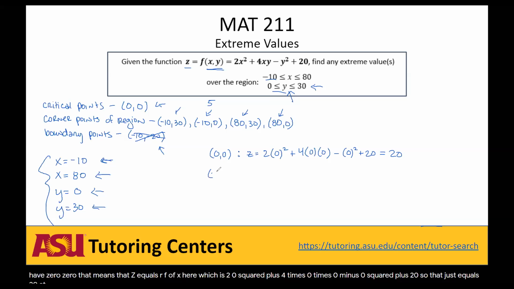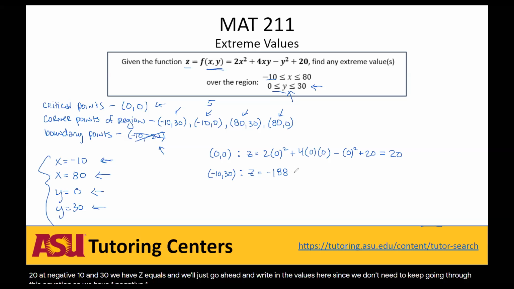At negative 10 and 30, we have z equals, and we'll just go ahead and write in the values here since we don't need to keep going through this equation. So we have negative 1,880. At negative 10 and 0, we have that z is equal to 220.